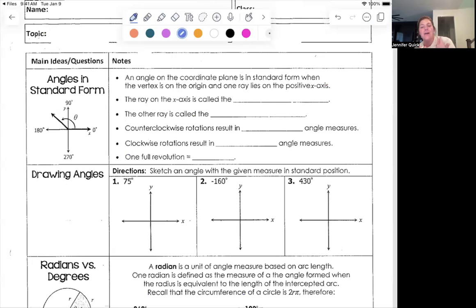and one ray, or one side of the angle, is on the positive x-axis. Okay, the ray on the x-axis, meaning this one right here, is called our initial side.